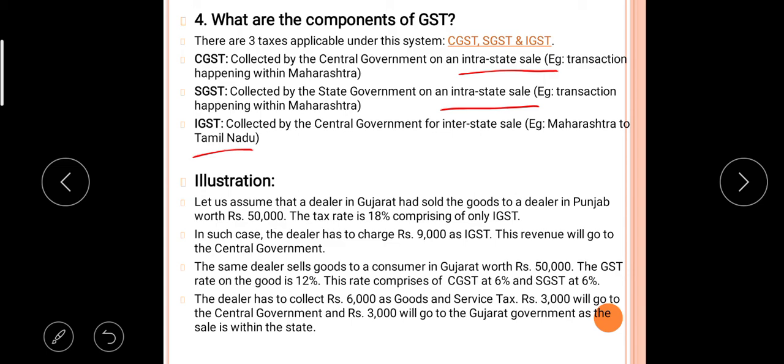Maharashtra state, any city, if it is purchasing from the other state, then it is an interstate sale, and this is collected totally by the central government. If your business is happening from one state to another state, then whatever GST we are paying goes to the central government.